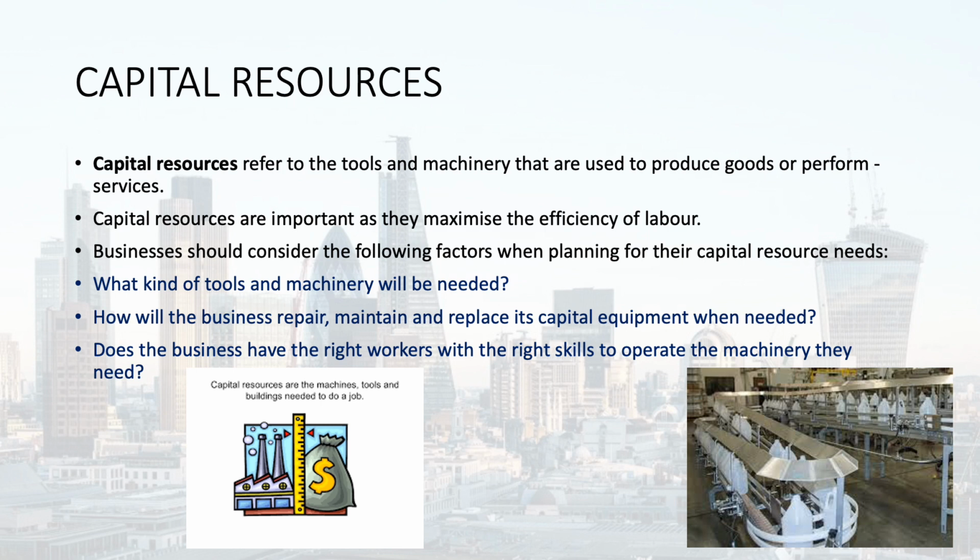For example, if it breaks down, if it has some faults with it, how long would it take to get fixed? What might that mean for our business itself? And obviously, do our employees have the skills, the right workers to actually operate the machinery? So we've got the right people in the right places that are talented enough to use that particular equipment.